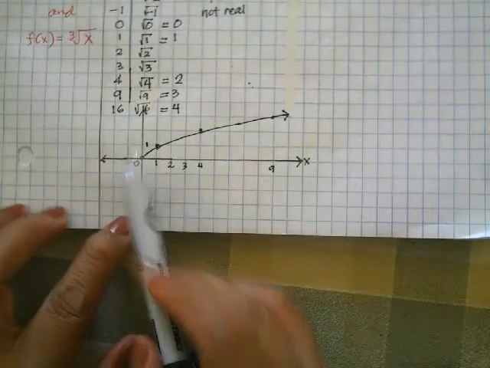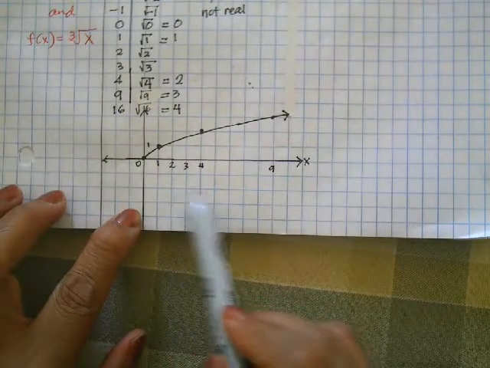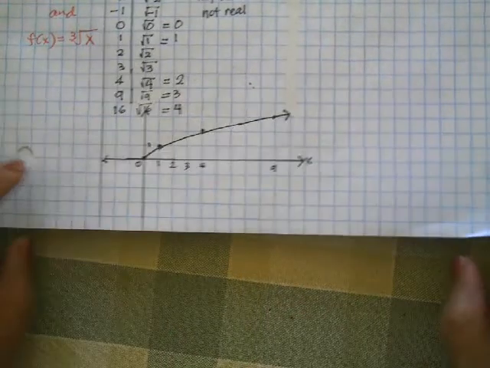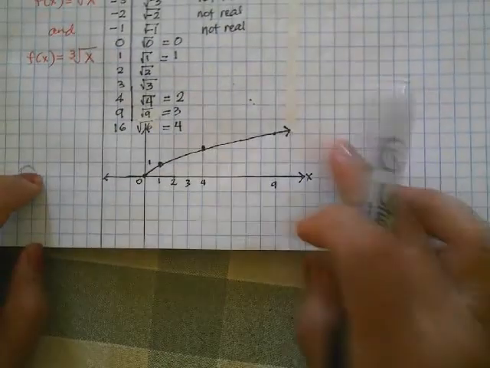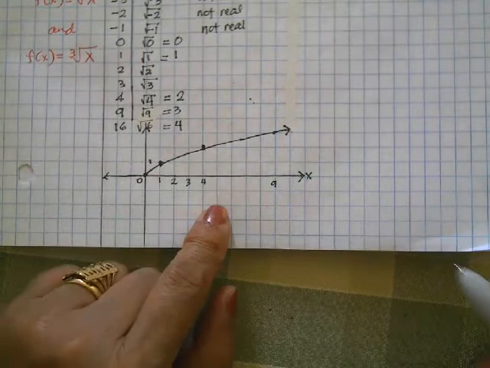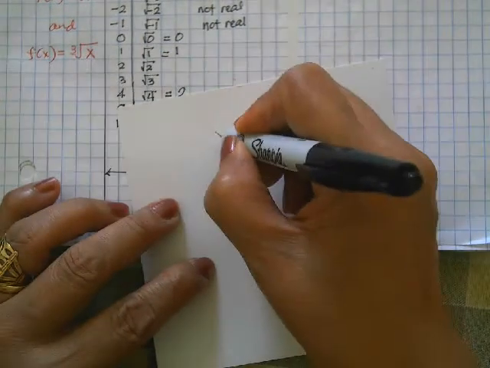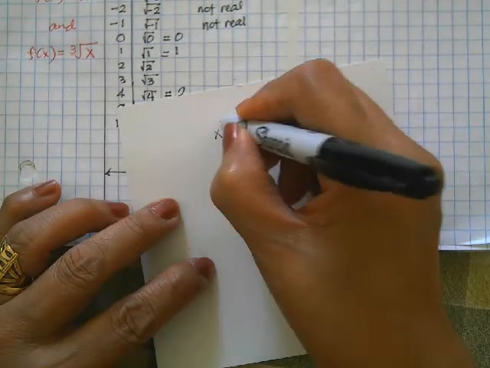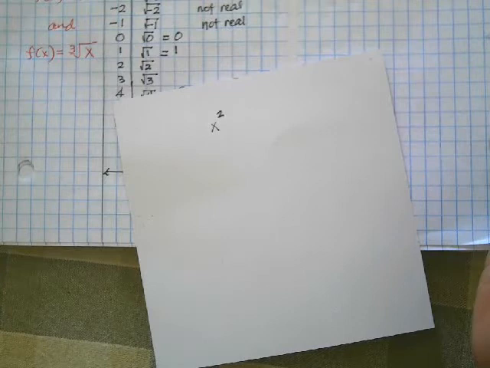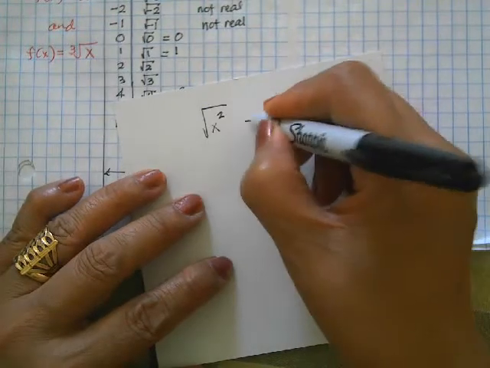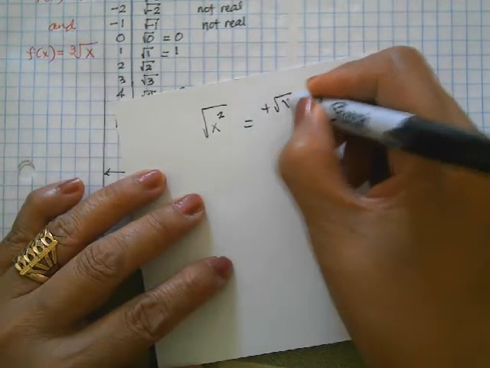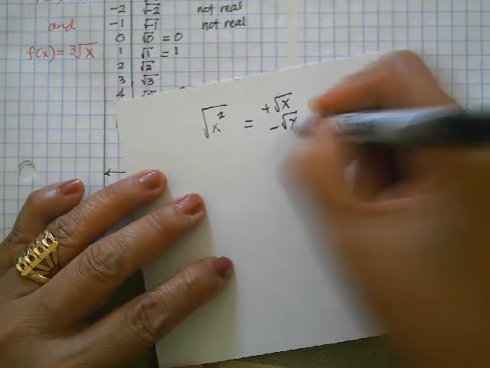Actually it's only part of it, because the other part is here. You remember, if we have x squared and we take the square root of that, that would be plus square root of x and minus square root of x.